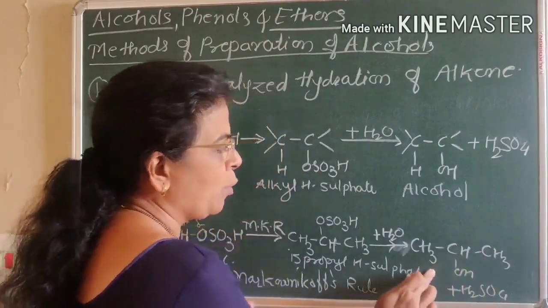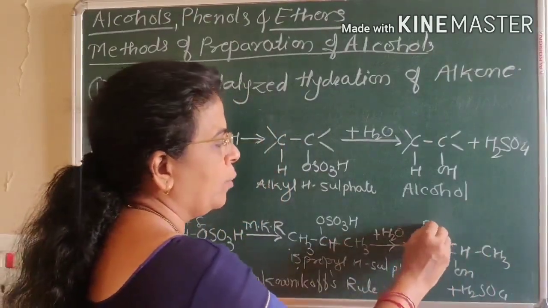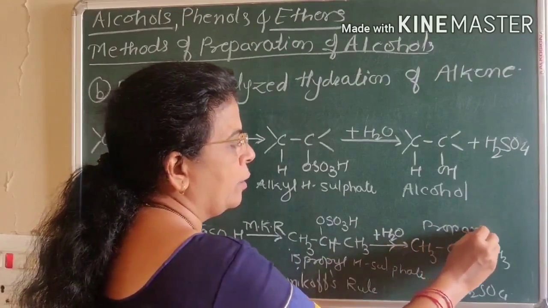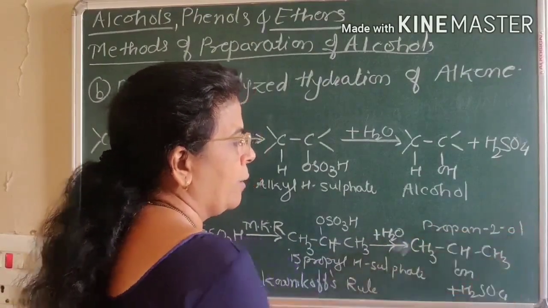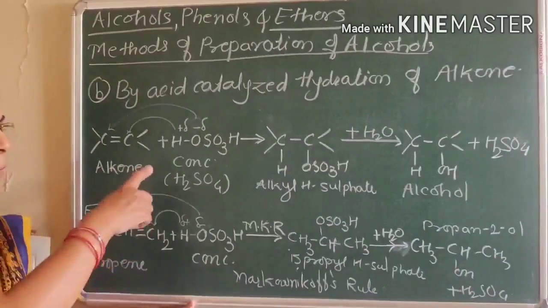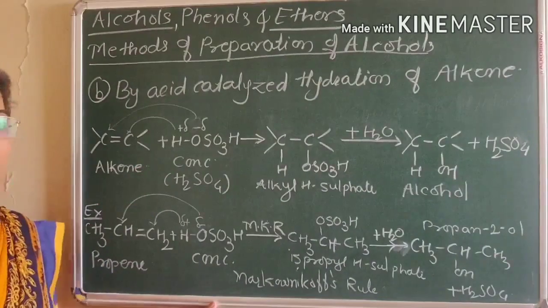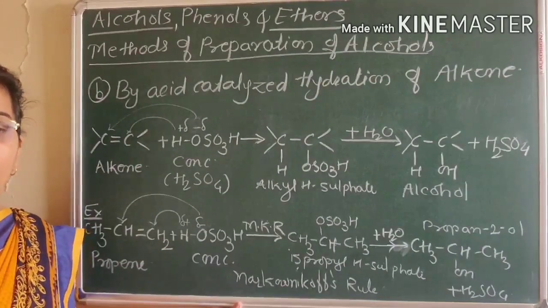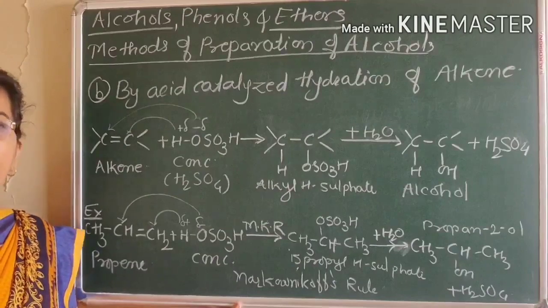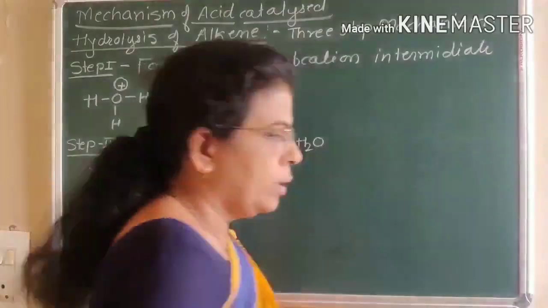This compound is propan-2-ol. In this way, these alkenes are converted into alcohols by acid catalyzed hydration.